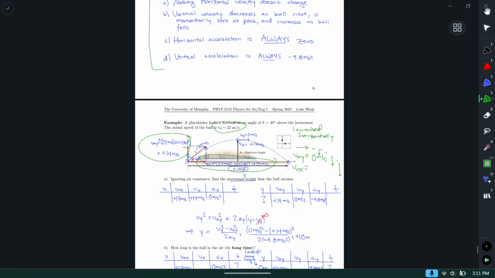So if they tell you something's launched horizontally at 50 meters per second, that's secretly telling you the horizontal component is 50. If something's launched at an angle, then you do need to separately worry about how much of that is x and how much of that is y. But if they say launched horizontally, you're being told 0 for y and whatever value is given for x.